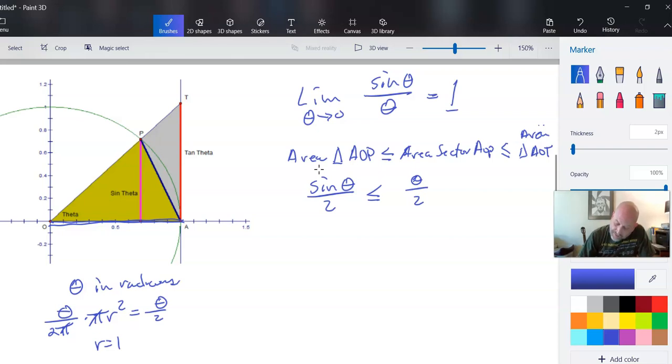Now we need the area of AOT. Now, you know, it's one of those things. I actually debated on how I wanted to explain that this is tangent. Now, in the traditional definition, the geometric definition of tangent, it's this side length, right? Just like the sine is this length and the cosine is this length here.